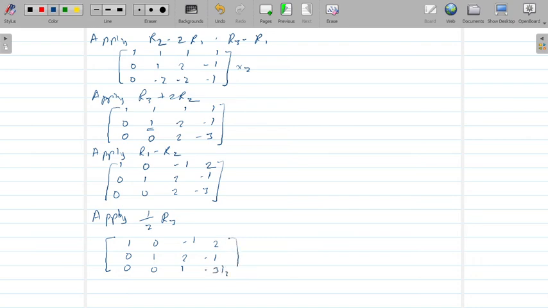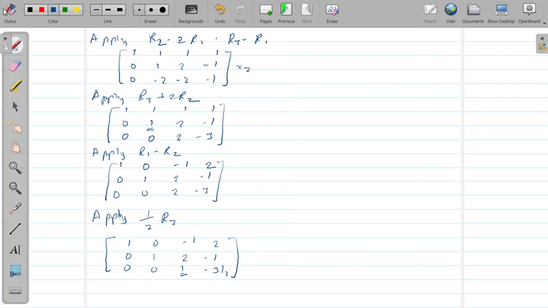3 by 2. Now again in this R3 row, this is your leading entry, and in that column we want everywhere 0 except this entry. I am making the partition here because I want this matrix in front of me.